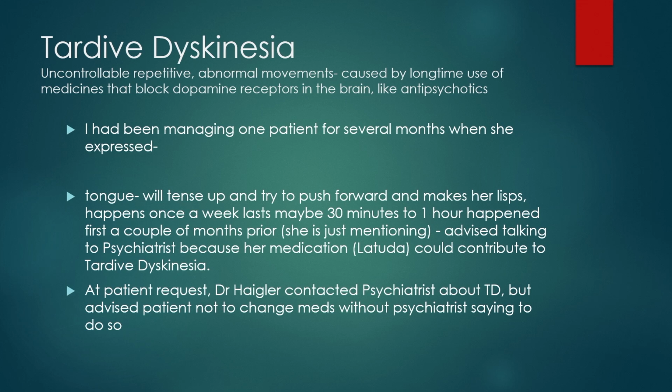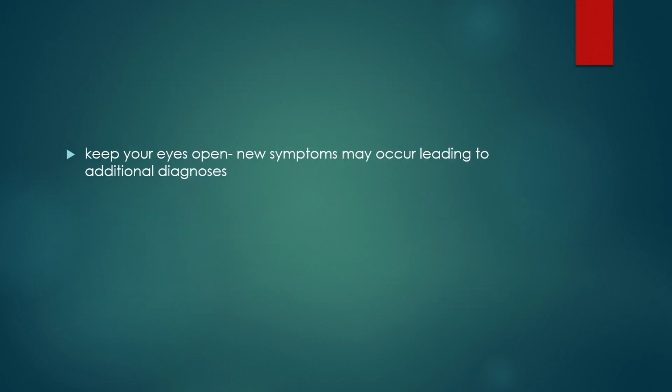And so what we ended up having to do is talk to her. Again, I don't tell people to stop their medications. I'll just tell them, talk to your physician about this and see if it's possible that this could be related. And for her, her tongue thrust was a tardive dyskinesia from her Latuda, because once she stopped it, that went back to normal. So keeping your eyes open to learning about new symptoms may lead to additional diagnoses, or additional need for referral.